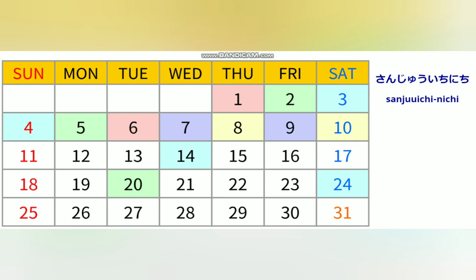Now, let's hear them all again. Shall we? From the top. First day of the month, 1日. Second, 2日. Third, 3日. Fourth, 4日. Fifth, 5日. Sixth, 6日. Seventh, 7日. Eighth, 8日.